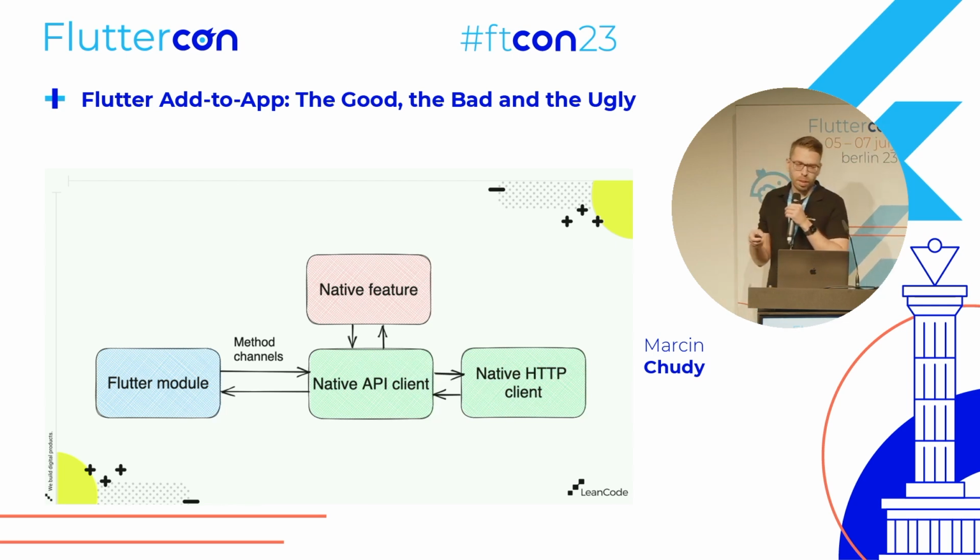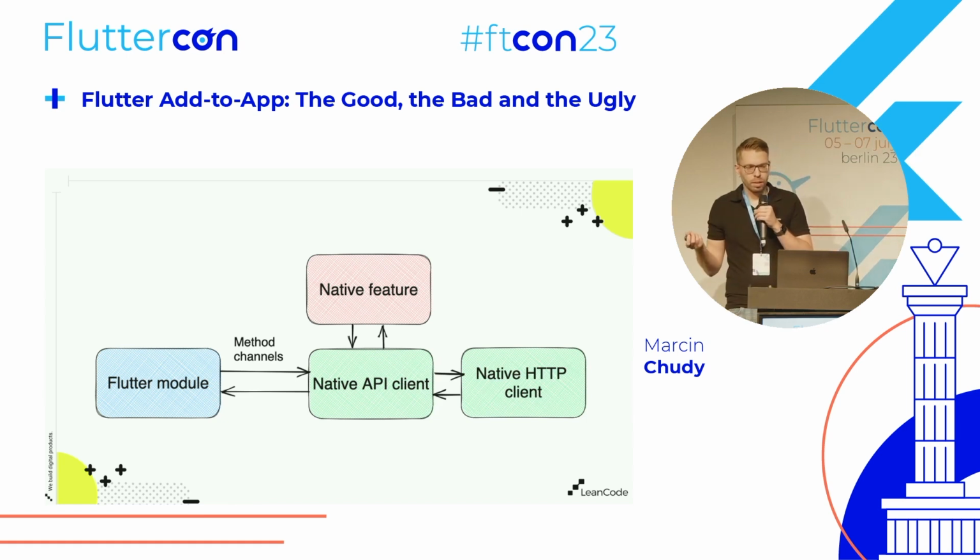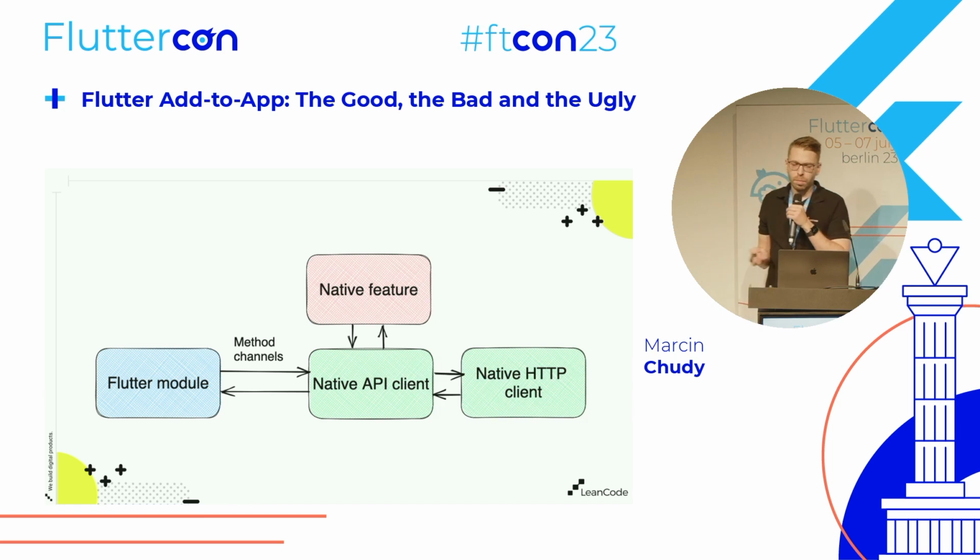The first way is that when you have the existing native implementation, then why not use it? So we have some native API client built on top of some HTTP client, or maybe some other protocol, and you basically can bridge every request from the Flutter module to the native part using method channels.